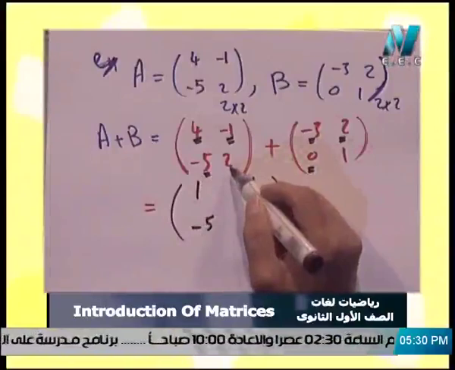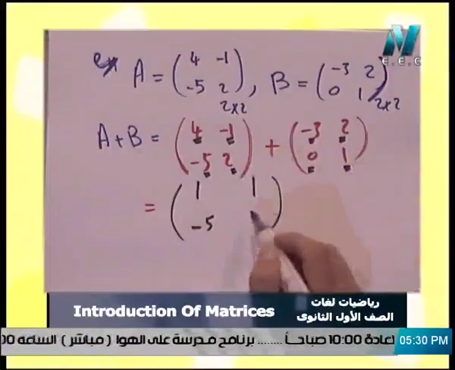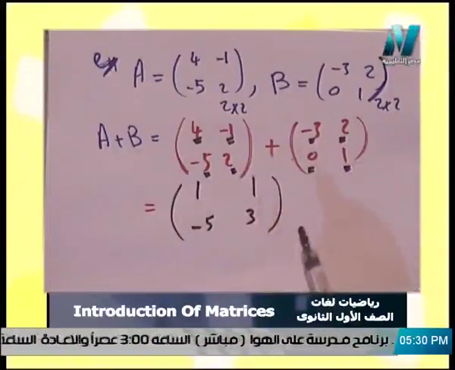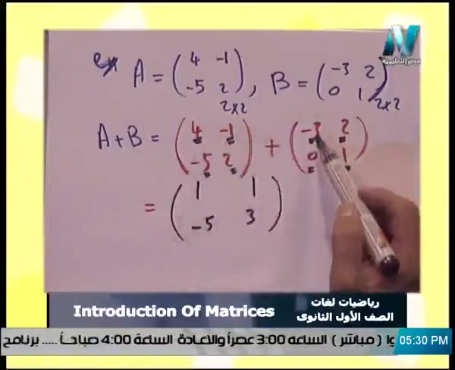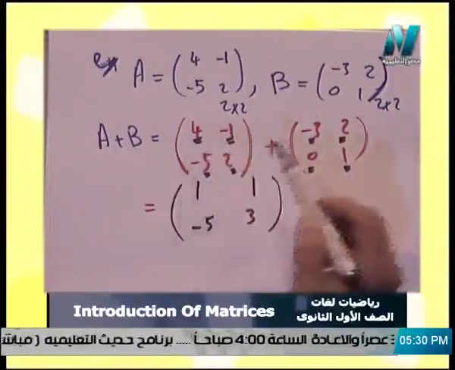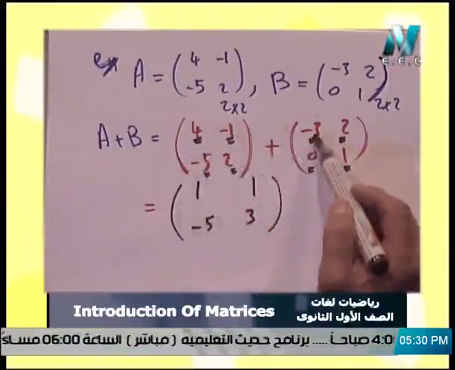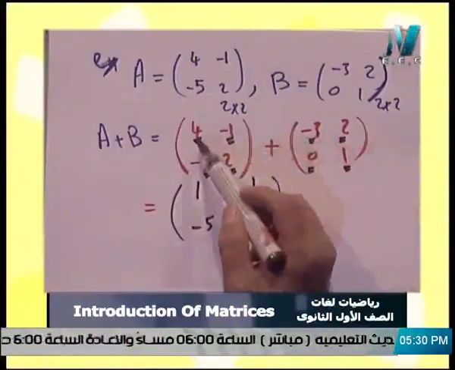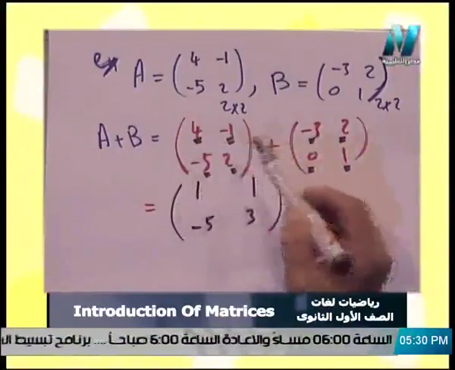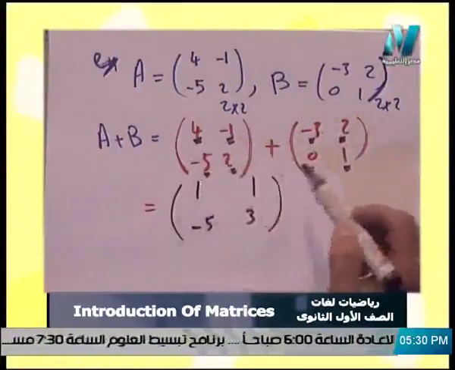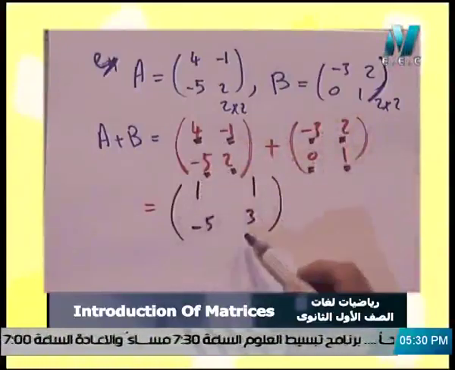Okay. 2 plus 1 equals 3. So we add 4 plus -3 equals 1, -1 plus 2 equals 1, -5 plus 0 equals -5, 2 plus 1 equals 3.